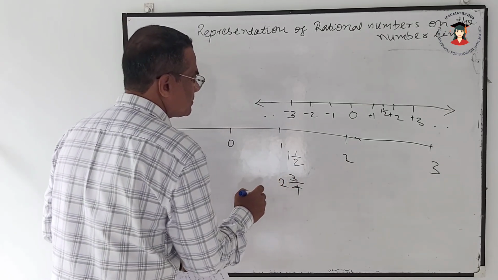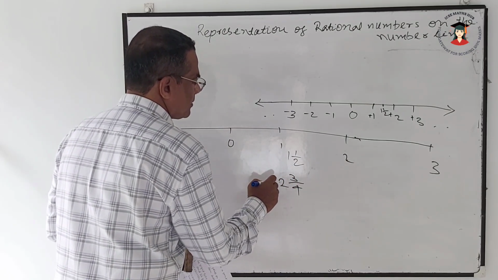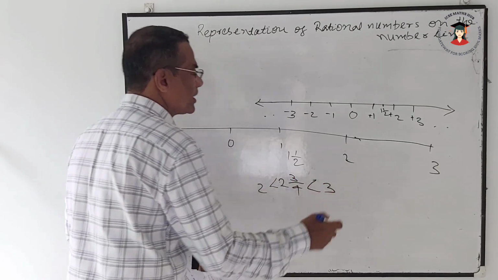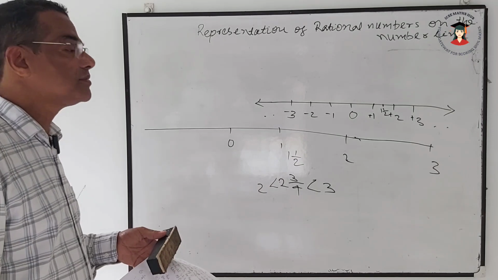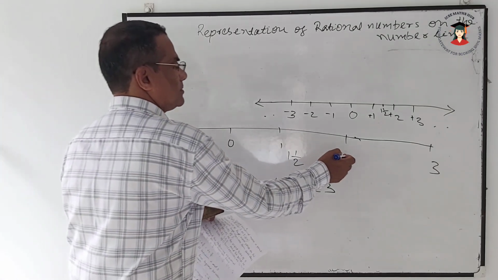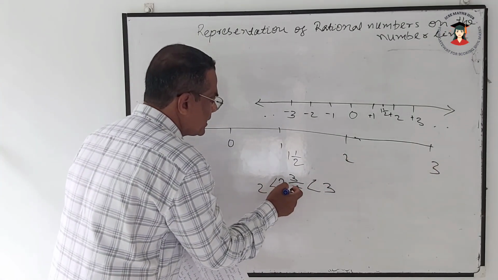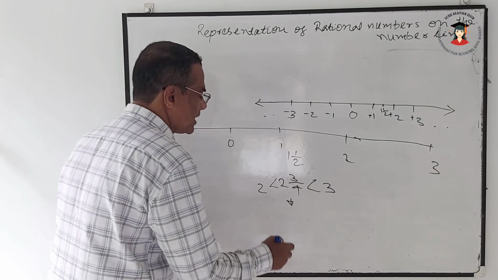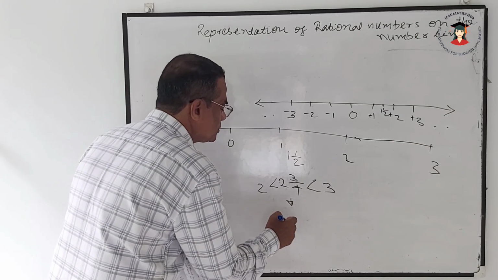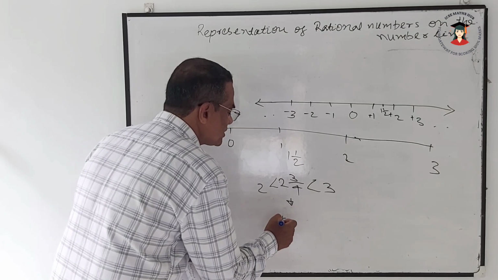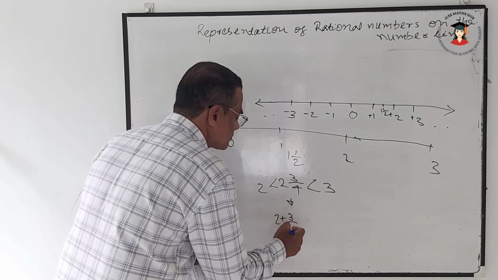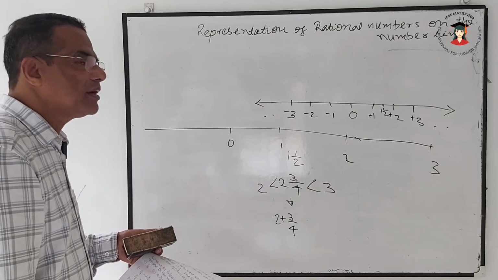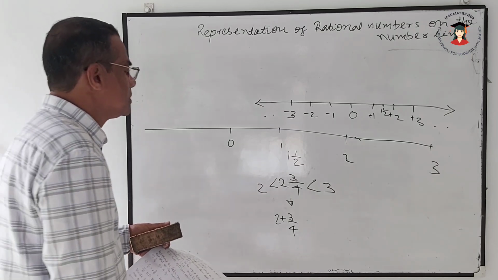This number is greater than 2 and less than 3, so it will lie between 2 and 3. And here, see how we can locate this point. This is 2 plus 3/4, which will give you 2 and 3/4.